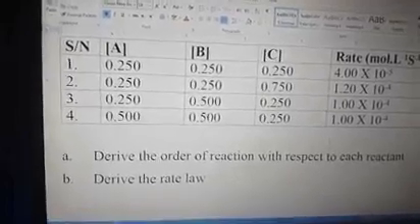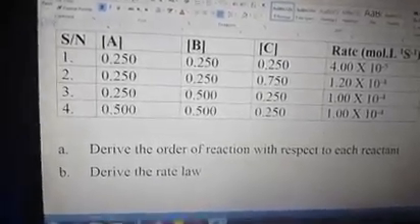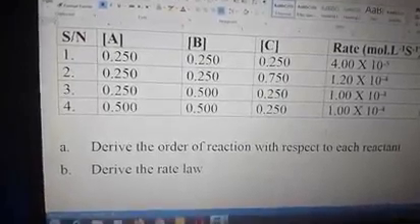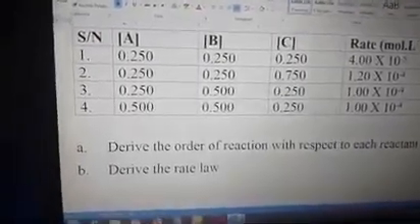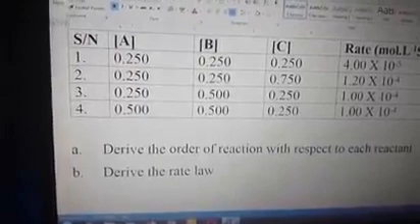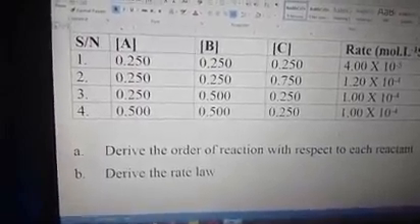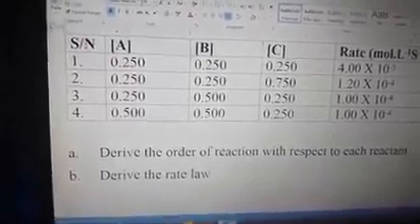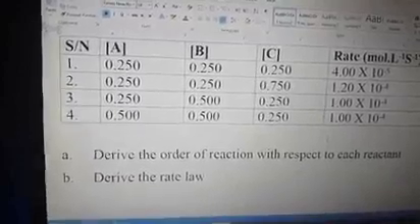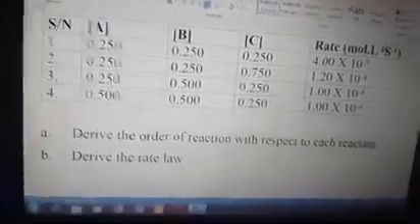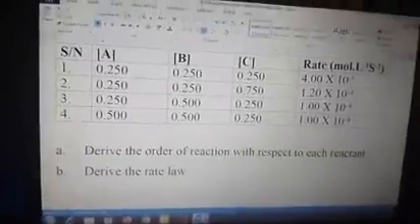And the concentration of C is also constant in experiments 3 and 4, 0.250 and 0.250. But the concentration of A varied, 0.25 and 0.50. So we're going to eliminate B and C using equations 3 and 4, because their concentrations are held constant while that of A varies, so that we can get the order of reaction with respect to A.